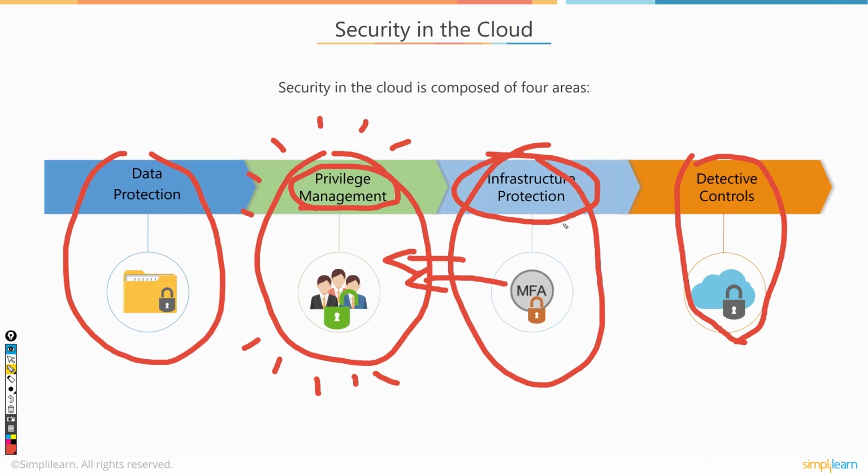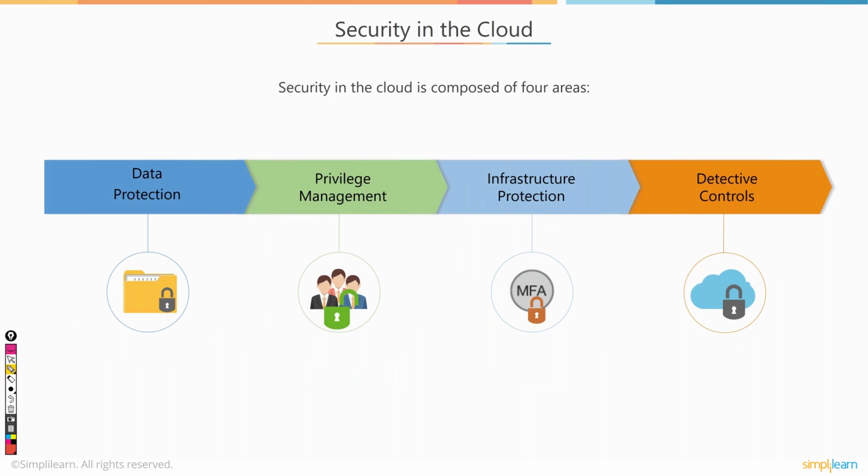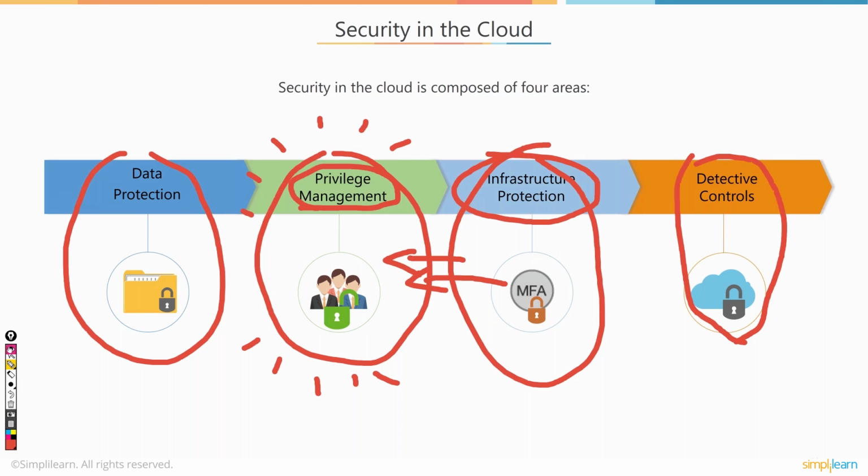And one of the last things on the list here, let me just slide this window, is detective controls. Now, AWS does give you different kinds of controls. It allows you to log everything into CloudTrail, as we discussed yesterday. It allows you to pretty much have a view of everything that's going on within your systems, and it's actually great. Now, they're not going to do much about it.